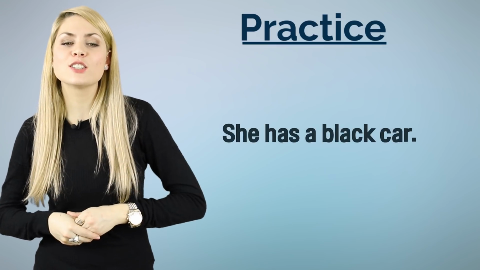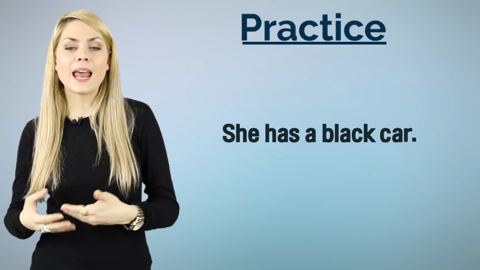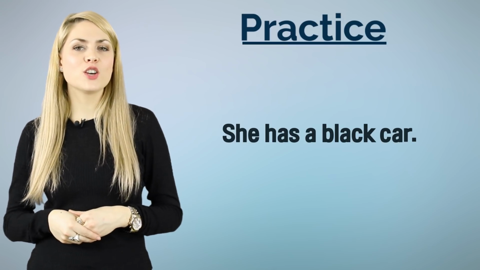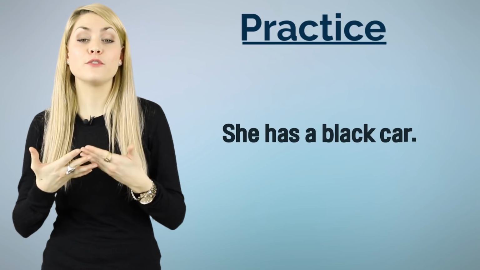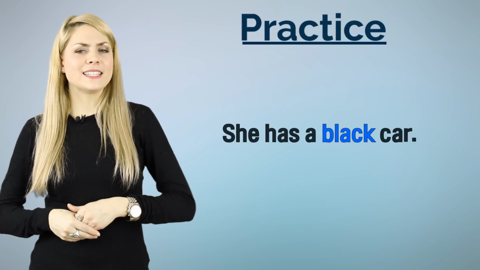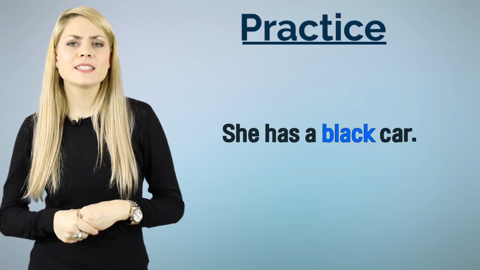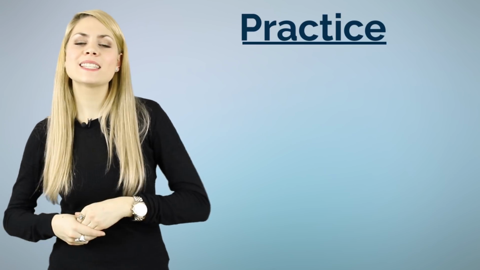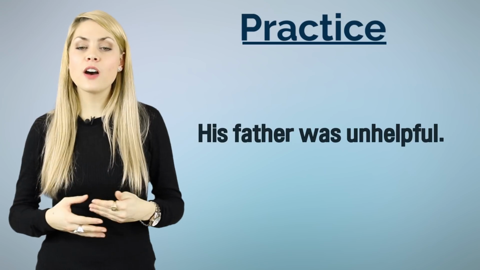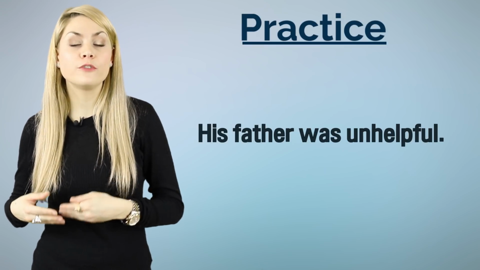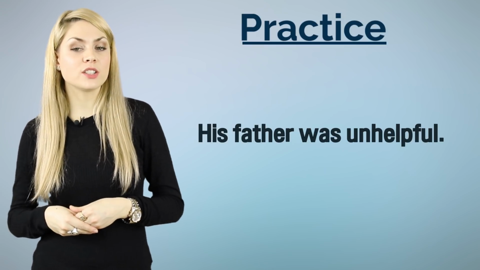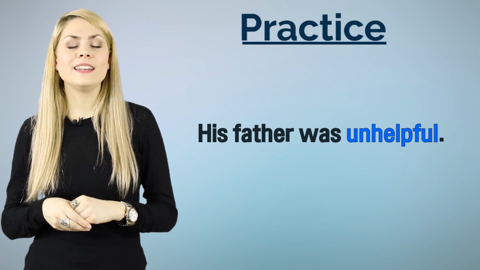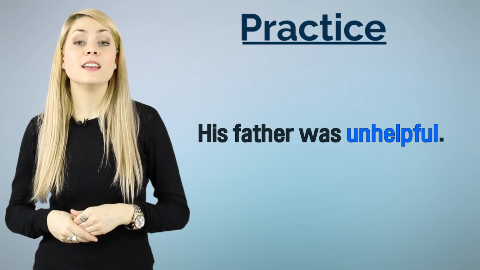The second sentence, she has a black car. Can you spot the adjective first? Of course, it's the adjective black. Is there a suffix or a prefix? No, there isn't. Next sentence, his father was unhelpful. What's the adjective? Unhelpful, of course. Any prefix, suffix?